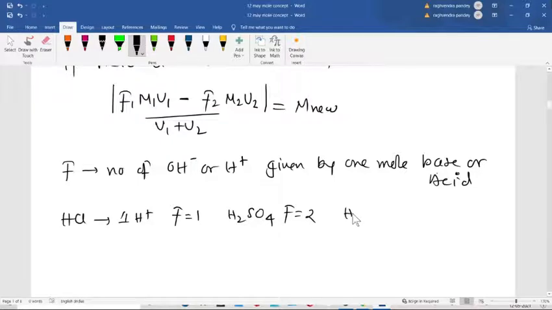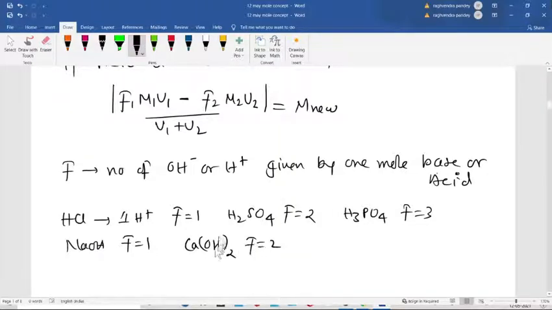For H3PO4, F is equal to 3, it can release 3 protons. For the base NaOH, only 1, so F is equal to 1. For calcium hydroxide, F is equal to 2 because there are 2 OH ions. F is equal to 1 is for 1 OH ion.